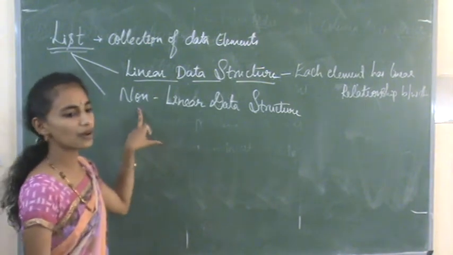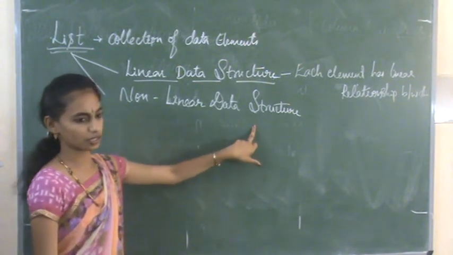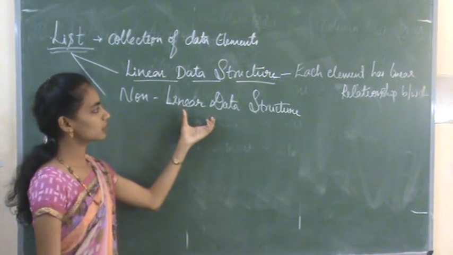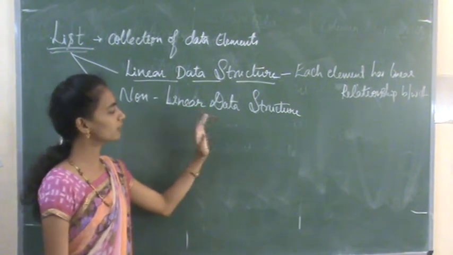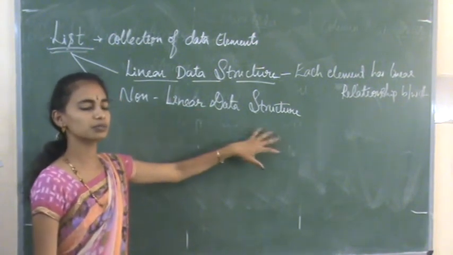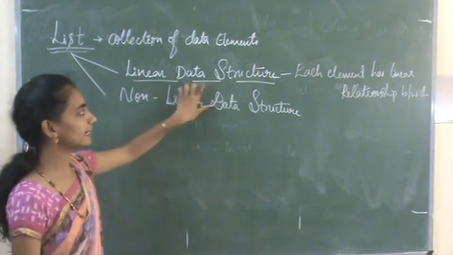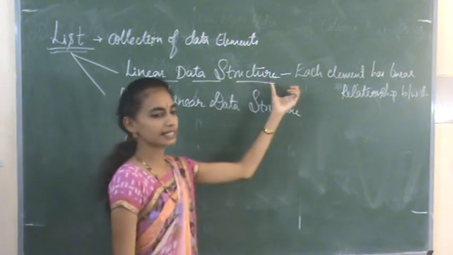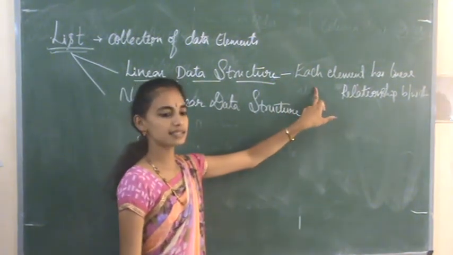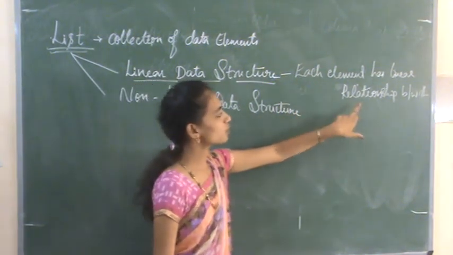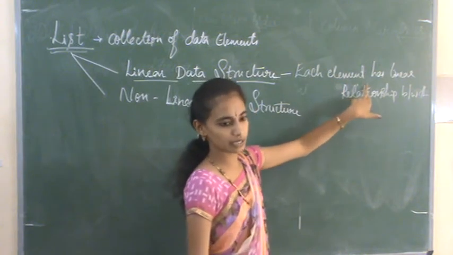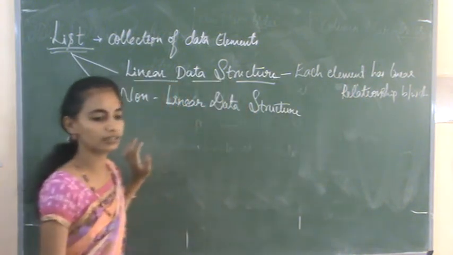Next we have non-linear data structure. A non-linear data structure is a data structure which has a relationship with all the other elements. One after the other it will be stored.